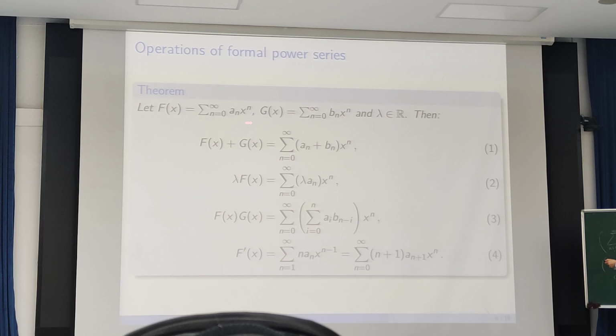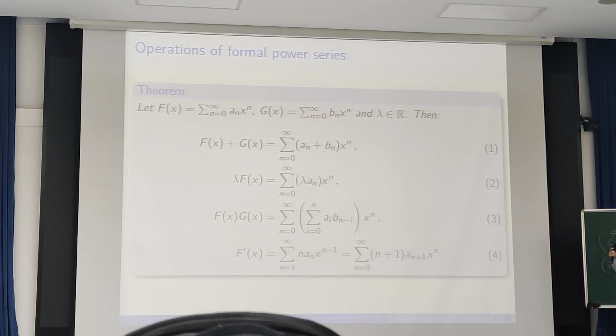If you take the derivative, n will move here, an stays the same, and the power of x will be reduced by 1, so you get this term. And of course, if n is equal to 1, you have a constant term here, so when you take the derivative, the constant term will become 0, so you move the index one step here.